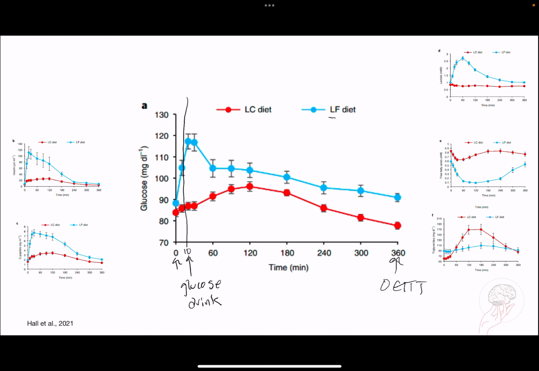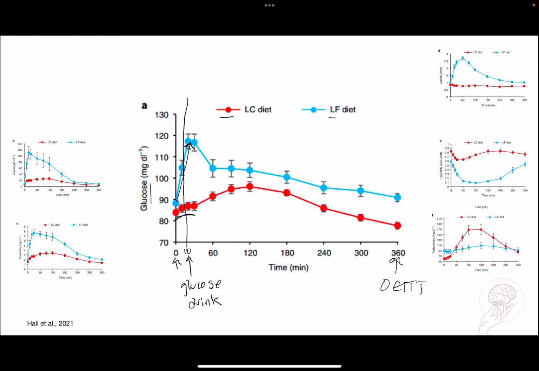And on the low-fat diet, after drinking that glucose drink, their glucose increases. But on a low-carbohydrate diet, we don't see that increase in glucose concentration.